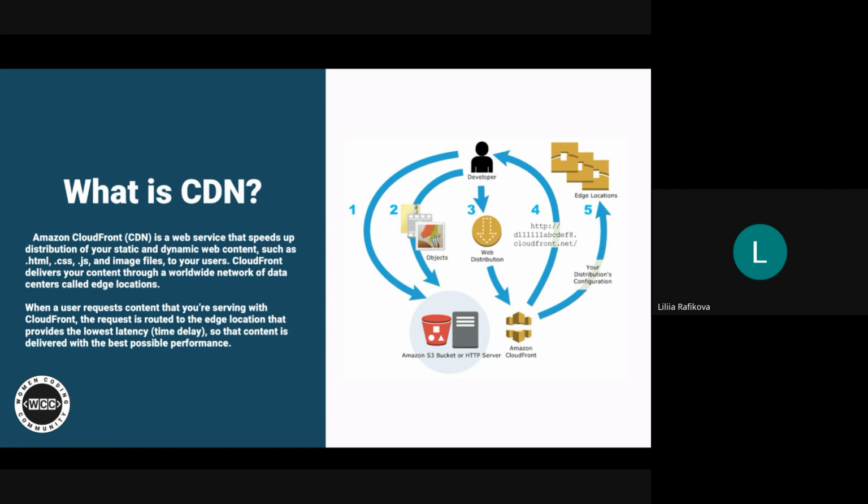These rules basically tell us how we should serve this object to the end user. Then, at step 4, we provide them the link associated with the distribution they created, and this link is shared with end users, for example viewers who are watching this content, and they will be redirected to the edge location close to them. Does it make sense?